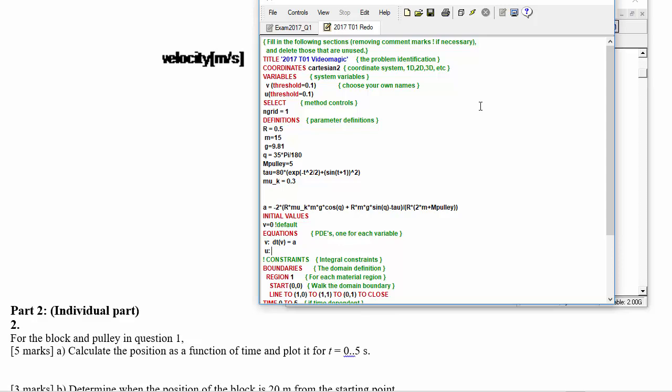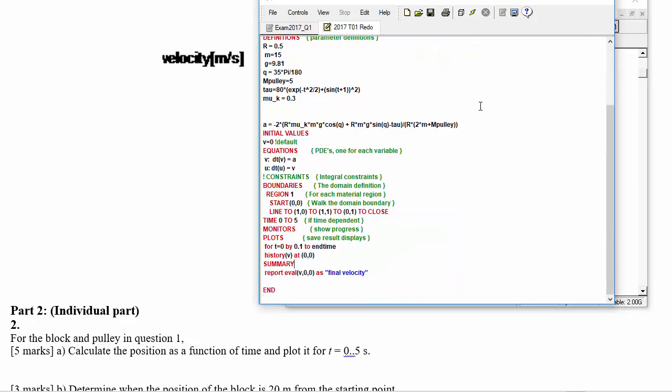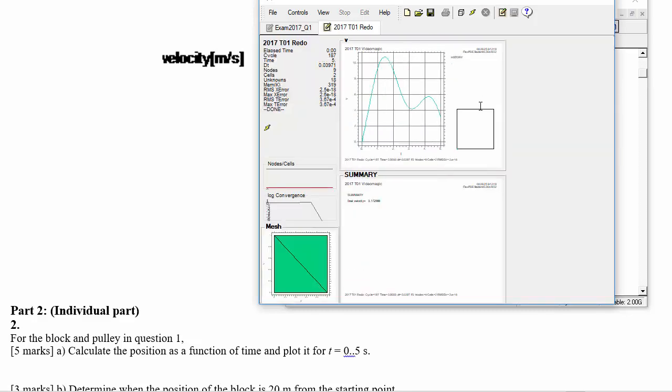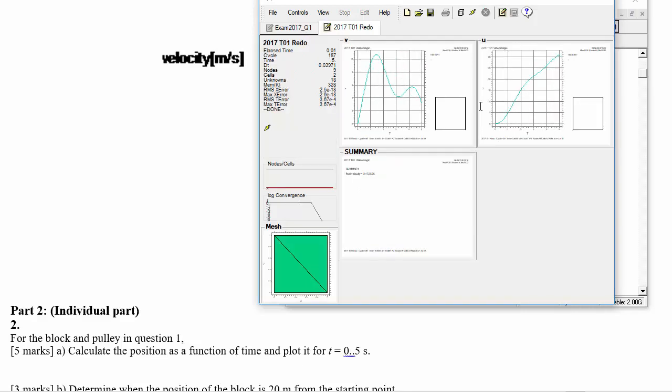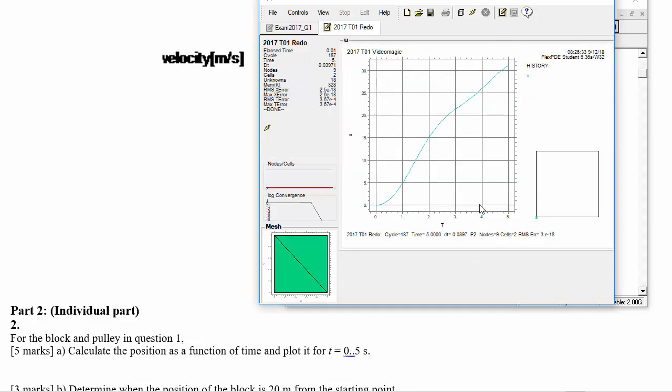The differential equation for u will be that the derivative of u with respect to time is the velocity. So the rest of the program should work just the same now, but we can also make a history plot for the position. Okay, and that looks the same as the one that we calculated in Maple.